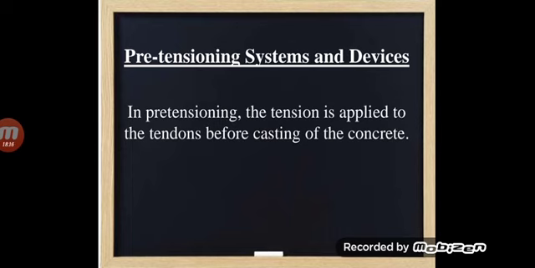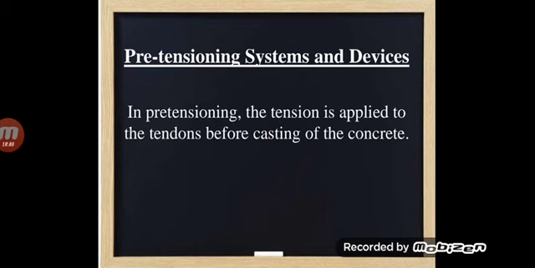I have already told you that this is a very important method of pre-stressing. So now we are going to see further about the pre-tensioning and post-tensioning systems and the devices we are going to use in them.